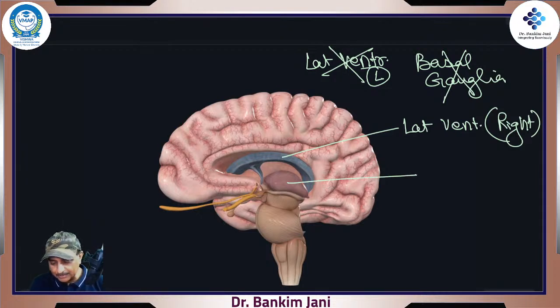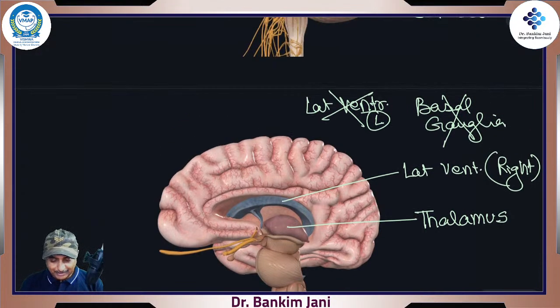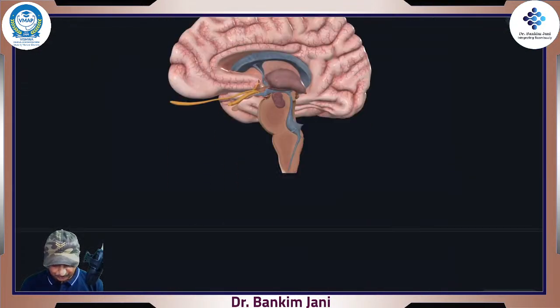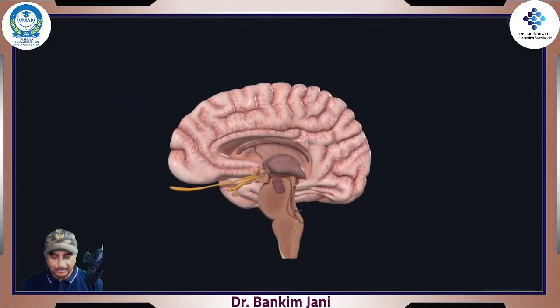And this is where we are coming, and we are watching the thalamus, right? That's the thalamus. The choroid plexus would be above. Here is the choroid plexus, right?